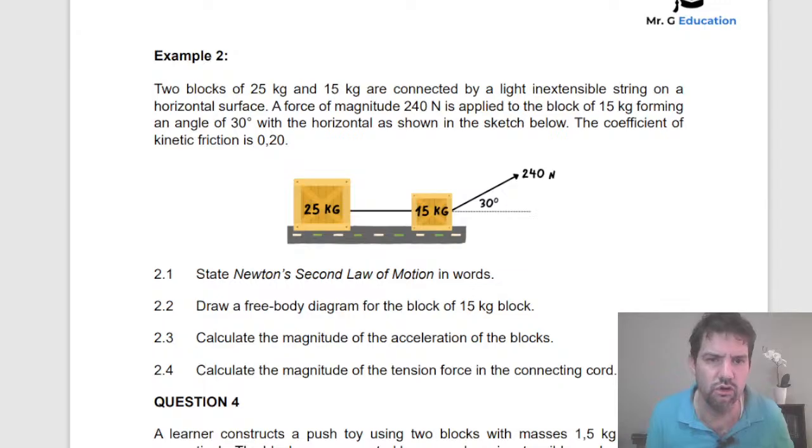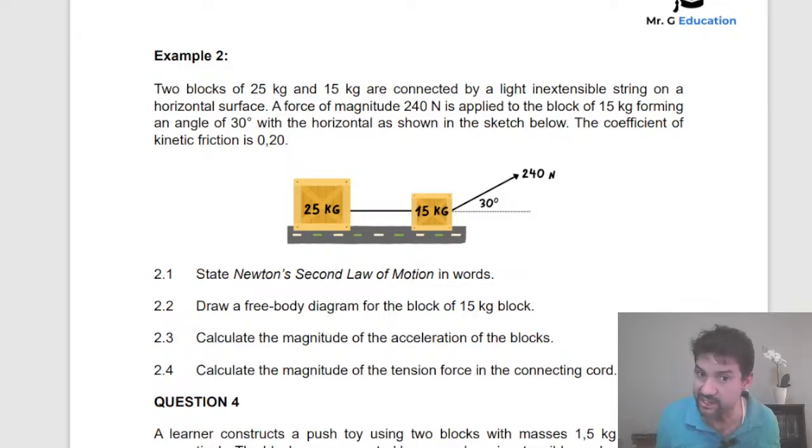State Newton's second law of motion. Guys, we stated it just now, I am going to repeat it, but you have to memorize it. If a net force acts on an object, the object will accelerate in the direction of the net force. The acceleration is directly proportional to the net force, and it is inversely proportional to the mass of the object.